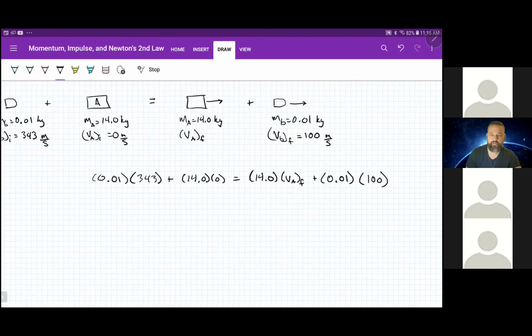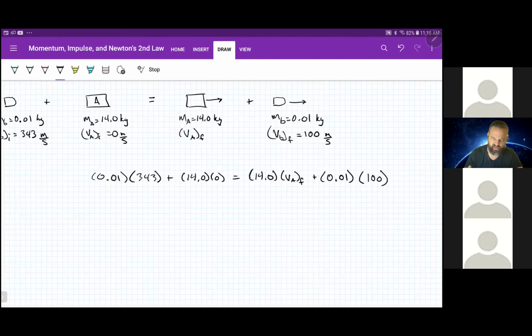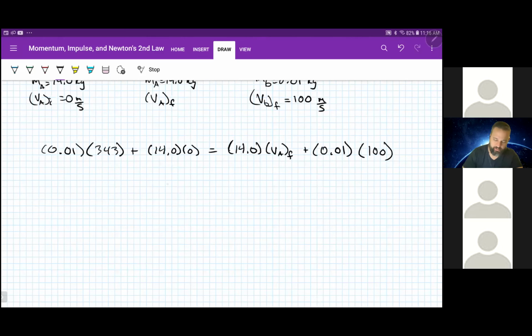Again, I'm not going to go through all the algebra. We have to end a little early today, but thankfully this is really short to explain. These concepts are pretty easy, I hope they're pretty easy for you guys anyway. After you do the algebra, you should end up with 0.174 meters per second.